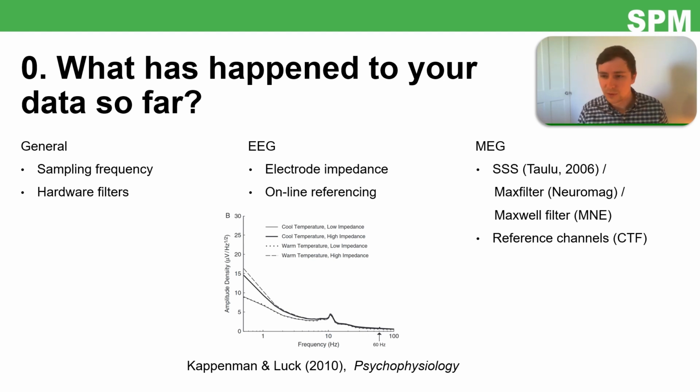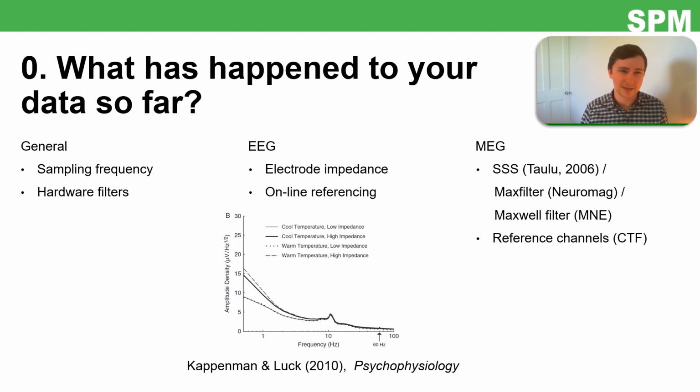Anyway, for MEG data, you should be aware that some kind of signal space separation, SSS or max filter or a Maxwell filter, depending on what you've used, will have been implemented.